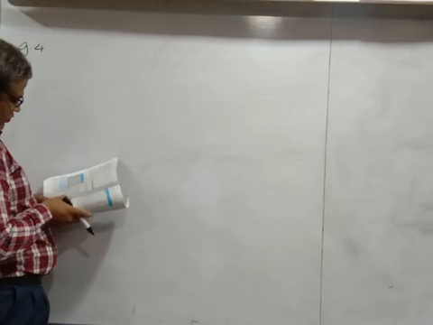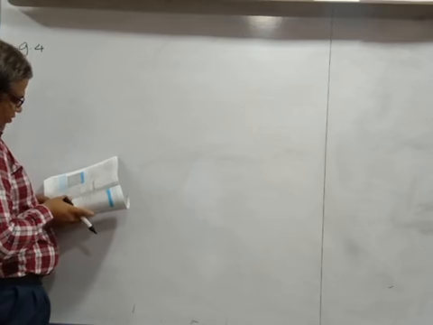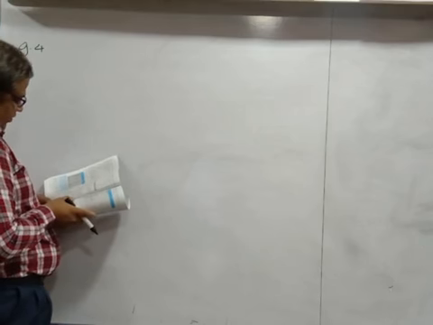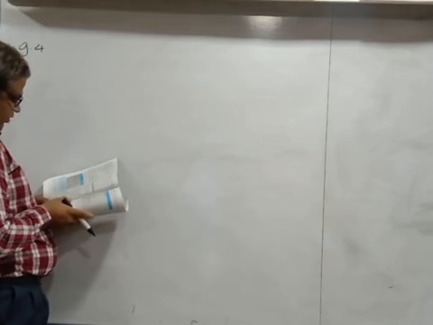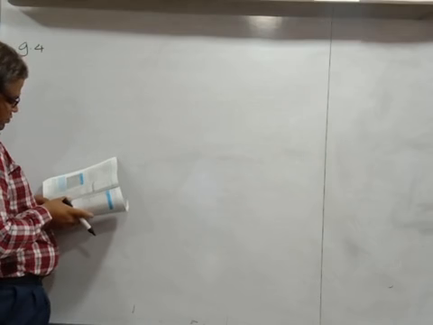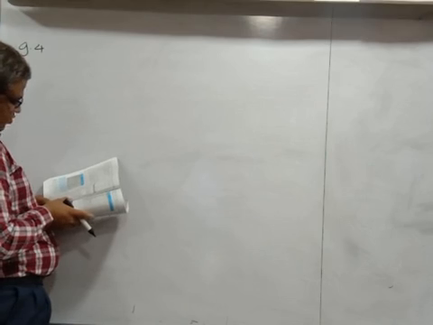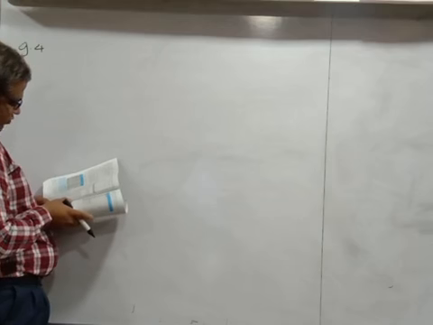Now, question number 9.4. A square lead slab of side 50 cm and thickness 10 cm is subjected to a shearing force on its narrow face of 9 into 10 raised to 4 Newton. Lower edge is riveted to the floor.